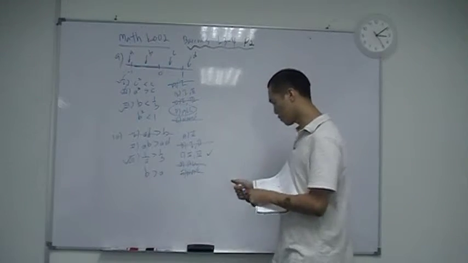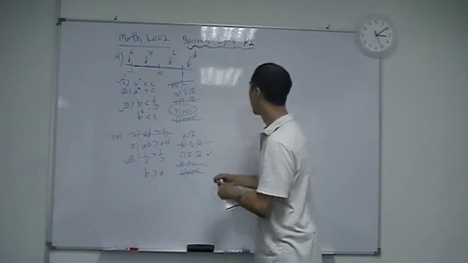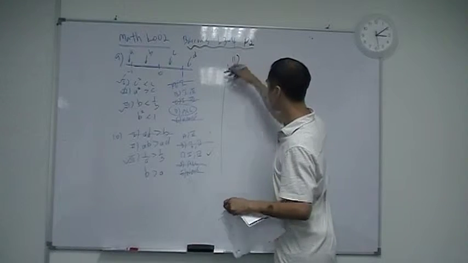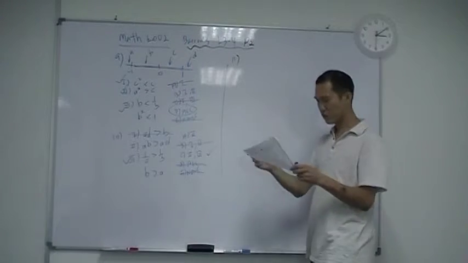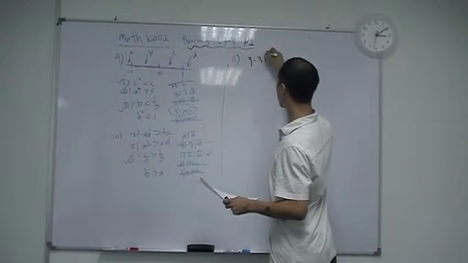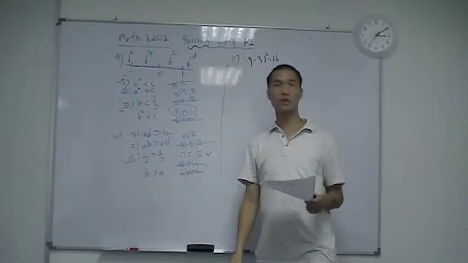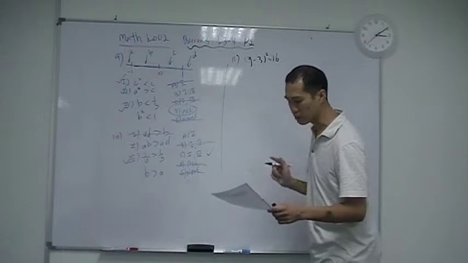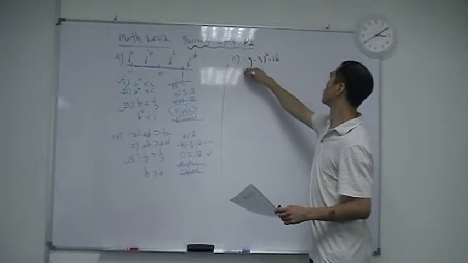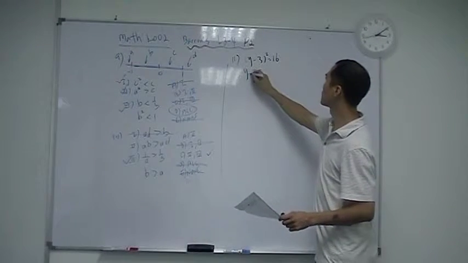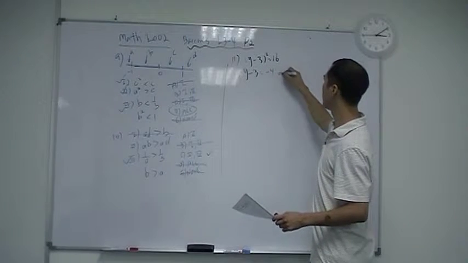Let's continue with question 11. Y minus 3 squared equals 16. So what is the smallest possible value of y squared? So we will do y minus 3 equal to positive or negative 4. Why?